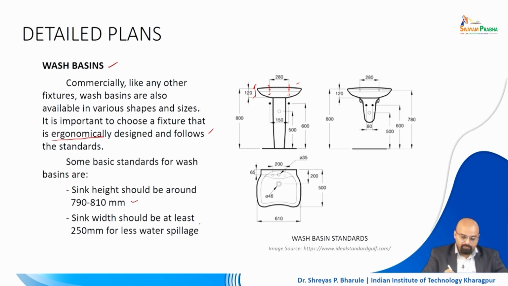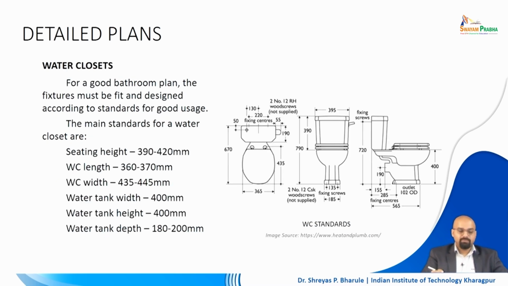Then the sink width should be at least 250 mm, that is, 25 centimeters wide, so that we don't spill water. It will also save some water, and at the same time drain water and waste effectively. These are some of the essential guidelines to be known by everyone, so that we don't design something that is not efficient.